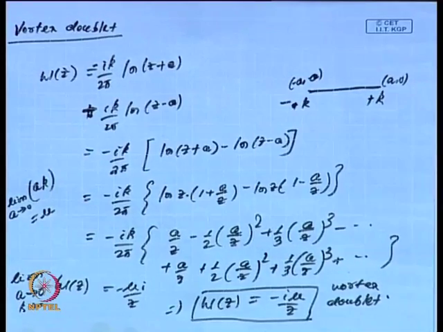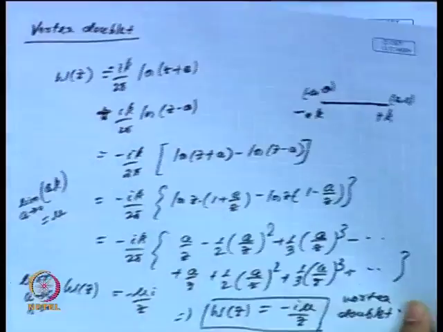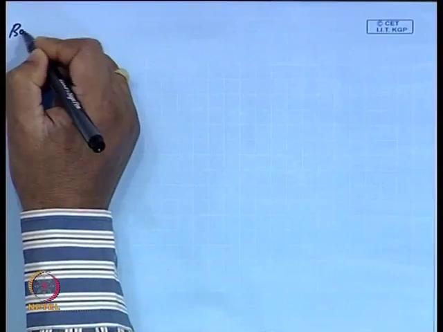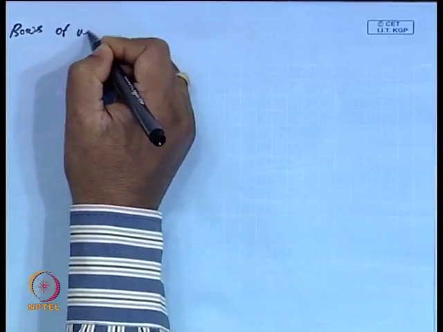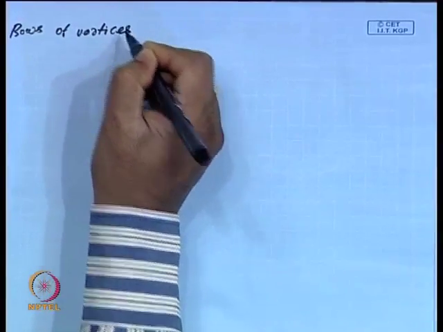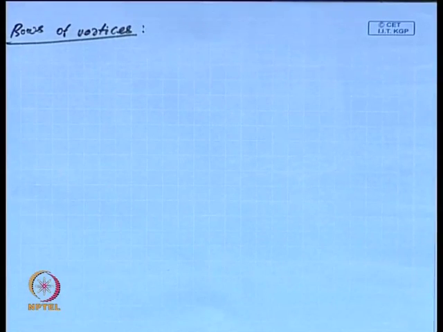Now, in the same way, we can look at another very nice example. We will talk about rows of vortices. This is very interesting. Often when a body moves slowly in a liquid, these rows of vortices play a very significant role.